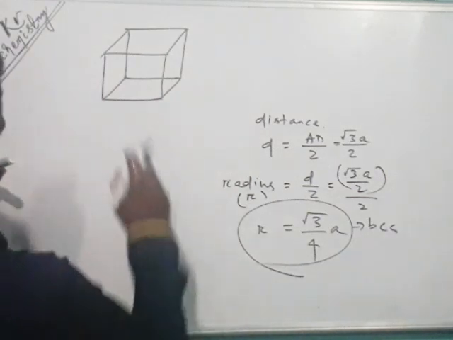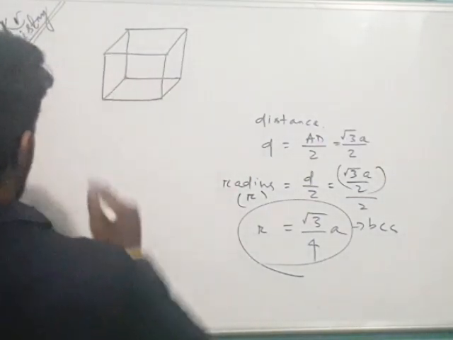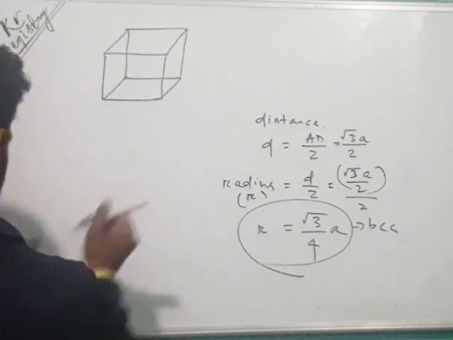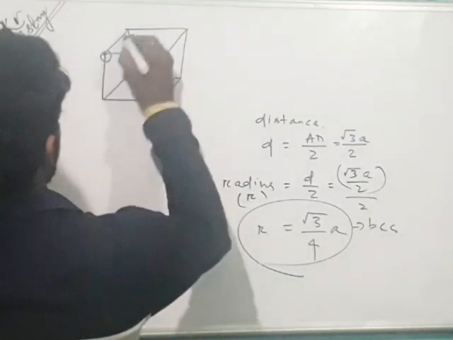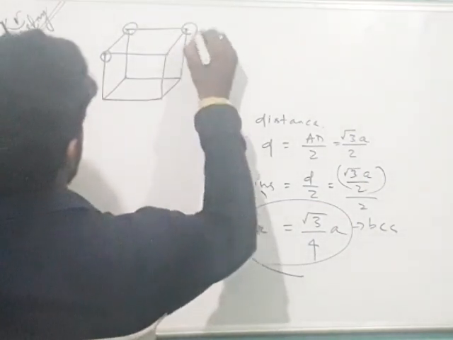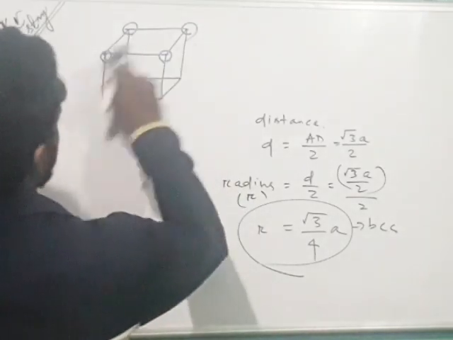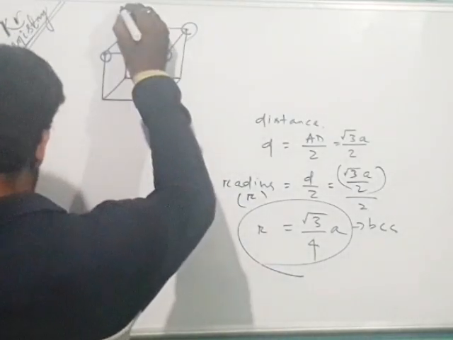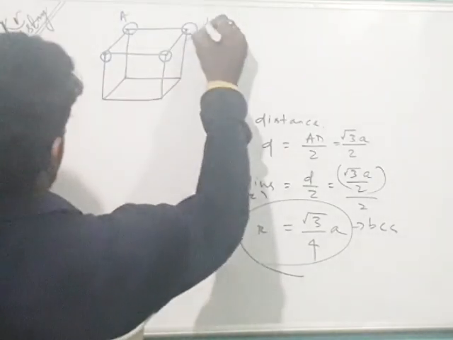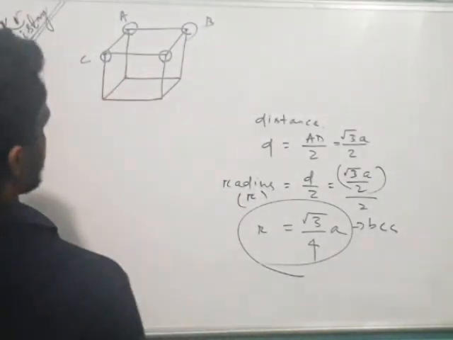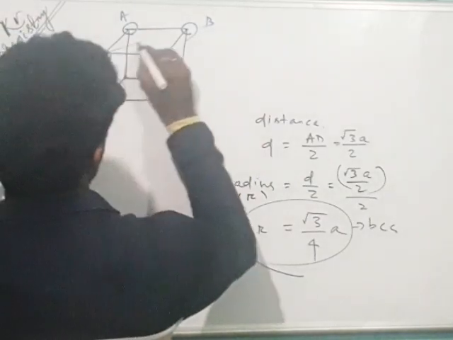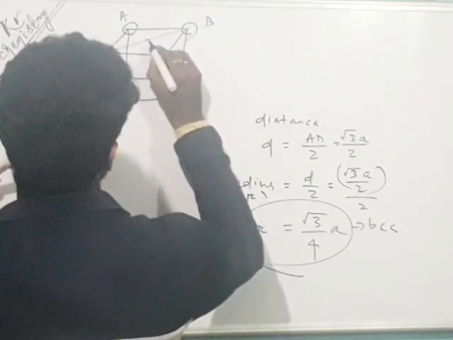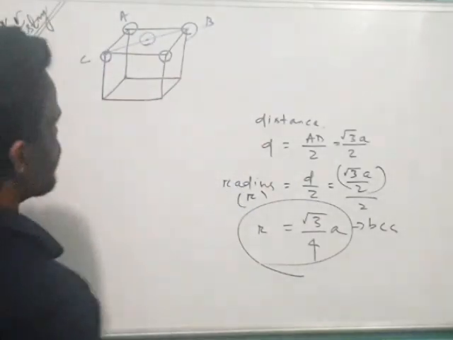I am taking this corner, this corner, this corner, this face only. So this is A, B and C. This is the face center.